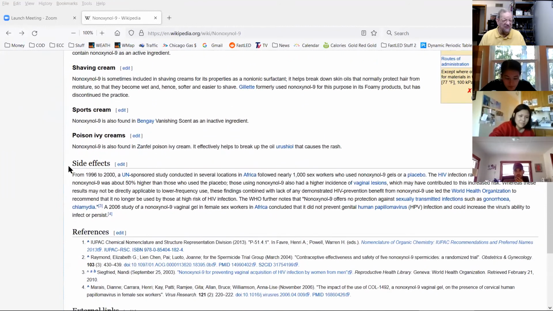And finally, one of the most interesting things, it's used in a product to help you if you have poison ivy, and it helps get the chemical that gives you the rash and irritation, like you want to rip your arms apart, out of your skin, and that's the use, and that's nonoxynol-9. But you never thought I'd get into those things in this class. Well, guess what? We can, and I will get into a lot of very interesting things. Oh, let's do one more of those. They're so much fun.